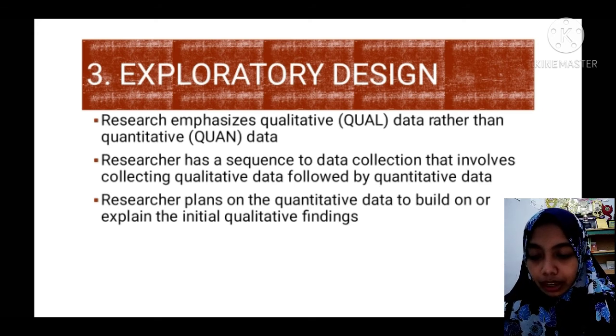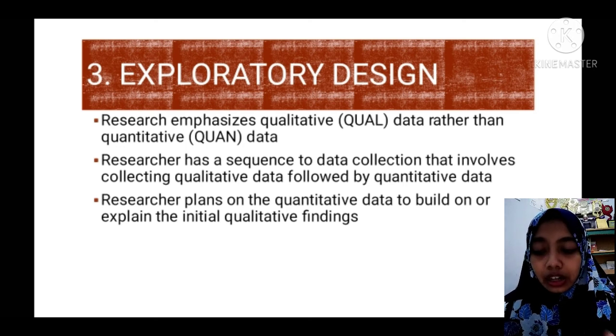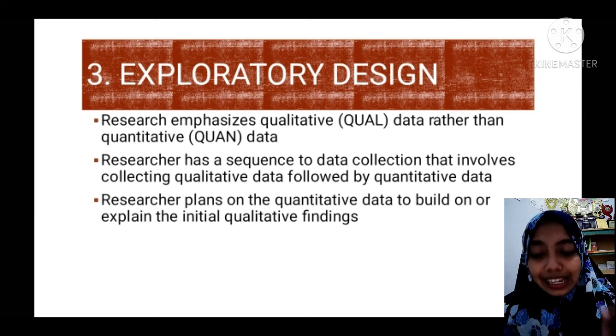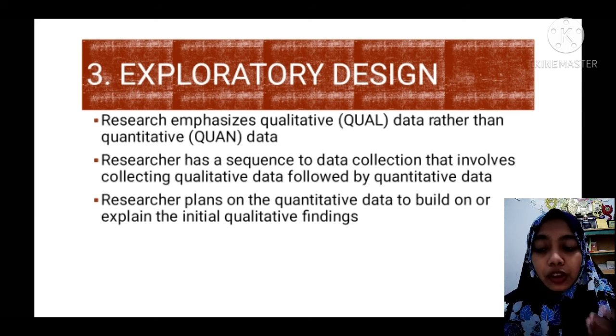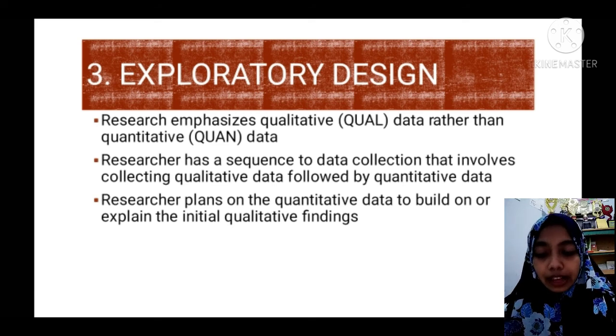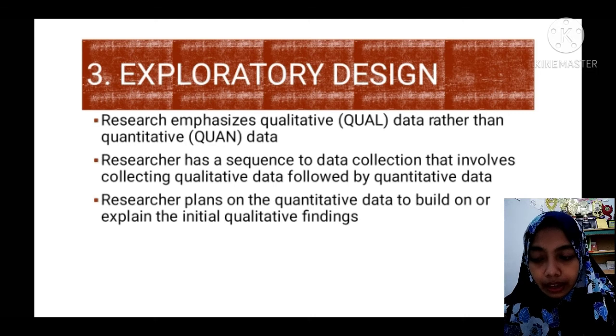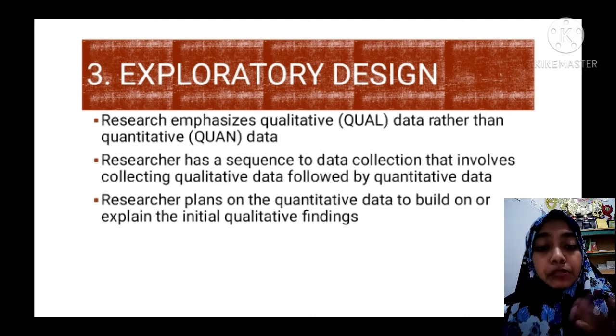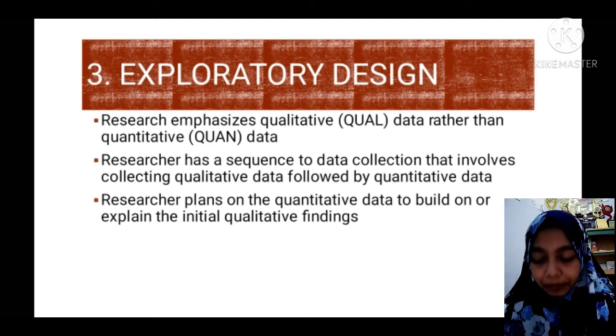Okay, and then the reporting by the researcher. A researcher first reports the qualitative data collection and analysis, and then explains the development of the instrument.